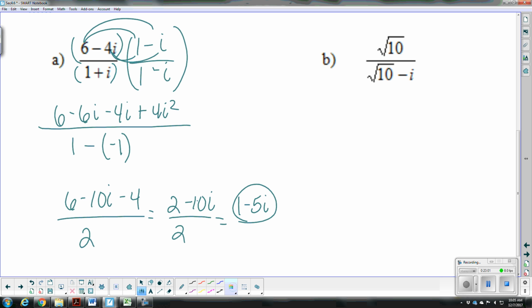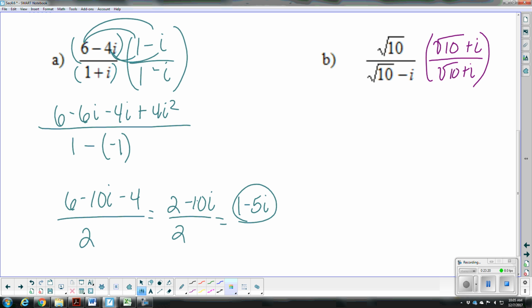All right, then if we try the next problem, we've got the square root of 10 over the square root of 10 minus i. We're going to multiply by the complex conjugate over the complex conjugate. So square root of 10 plus i over the square root of 10 plus i.